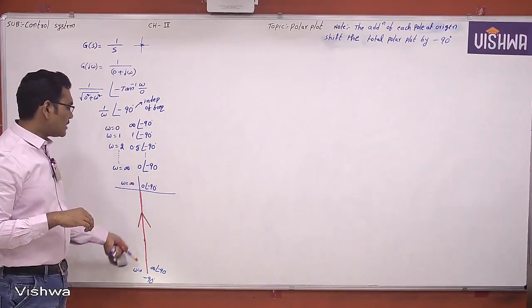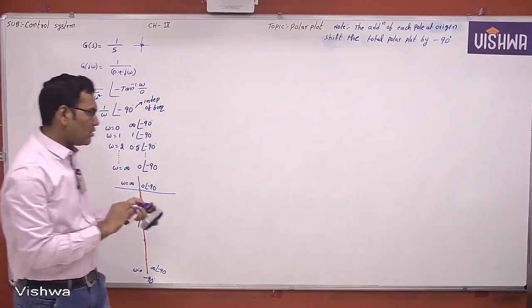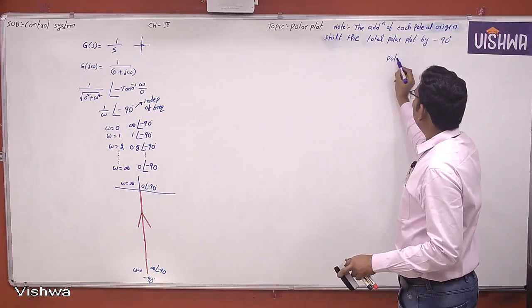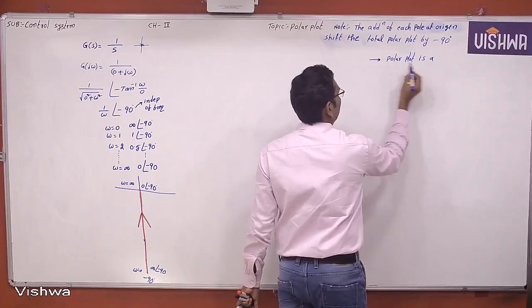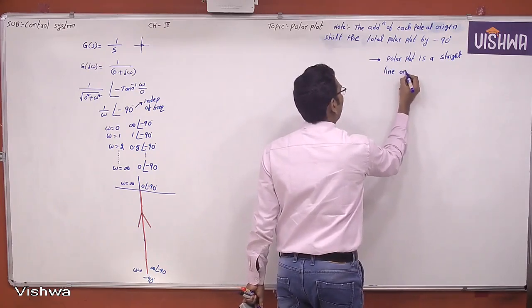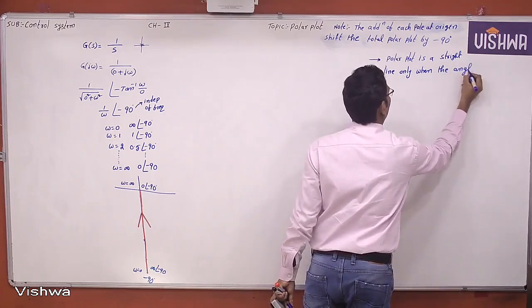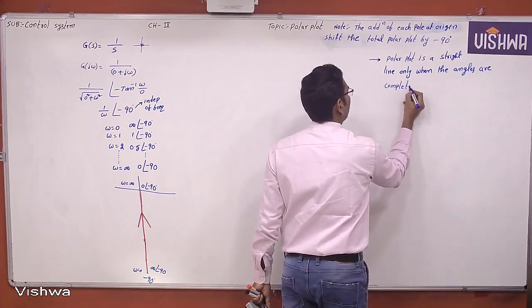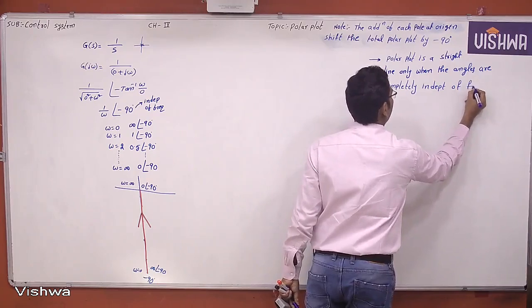The polar plot is a straight line only when the angle is completely independent of frequency. This is also a very important point.